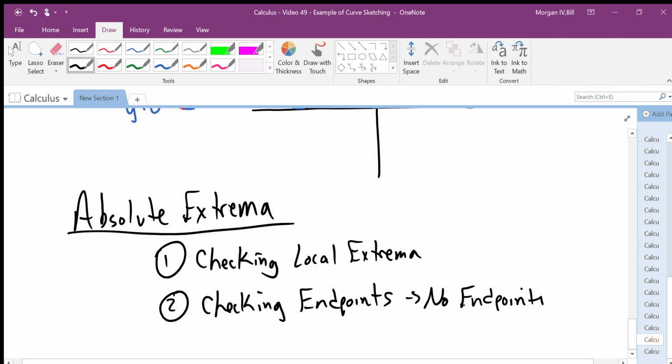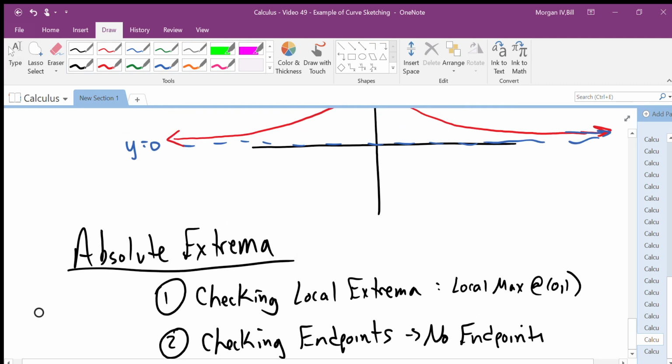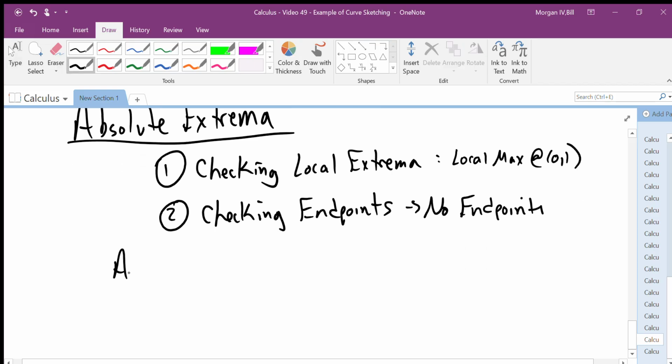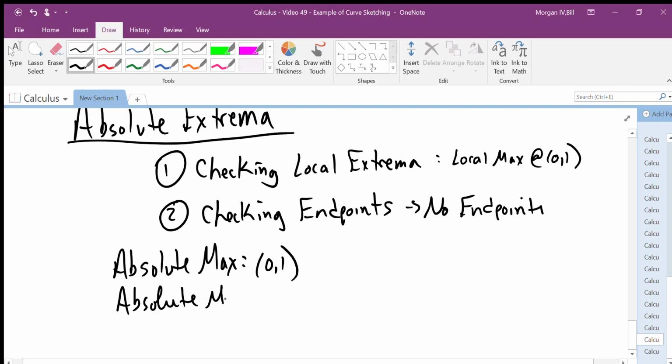The only local extrema I have is a local max at 0, 1. Well, if that's all I have, then my absolute max must be at 0, 1. And we're not going to get an absolute minimum. There's no local minimum to look at, and there's no endpoints. So we will say absolute max 0, 1, absolute min, none.